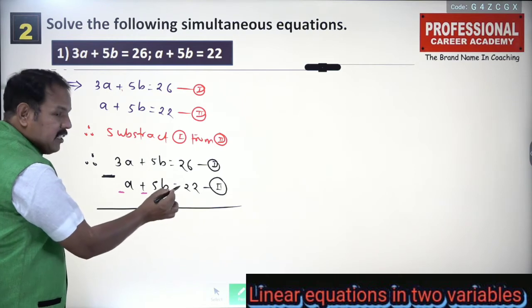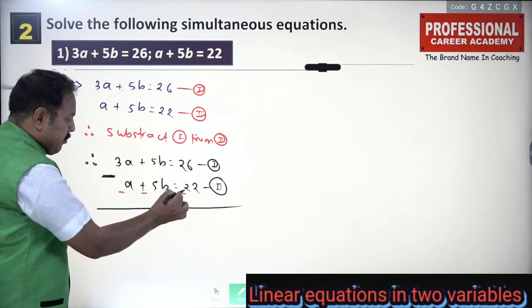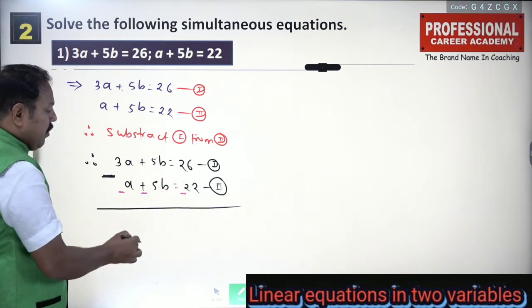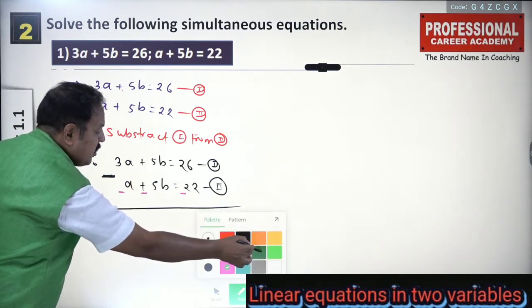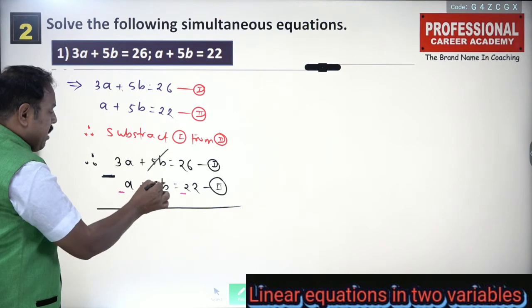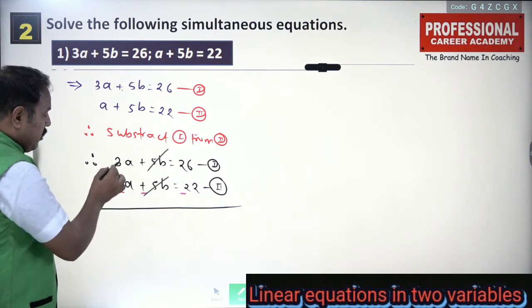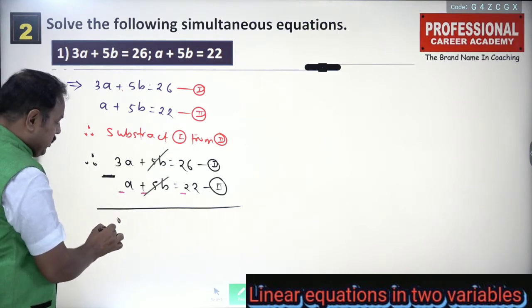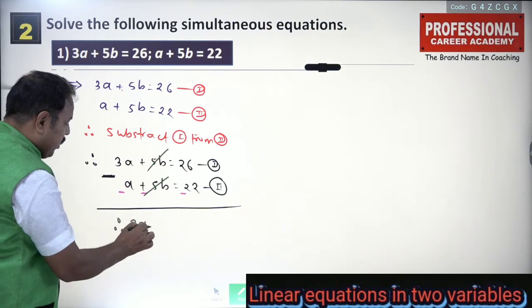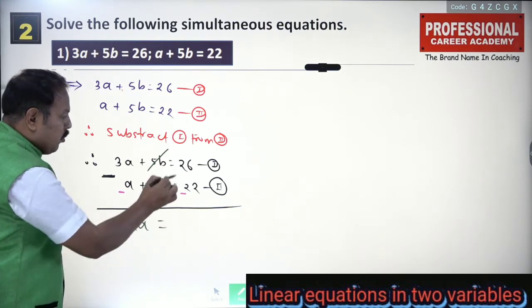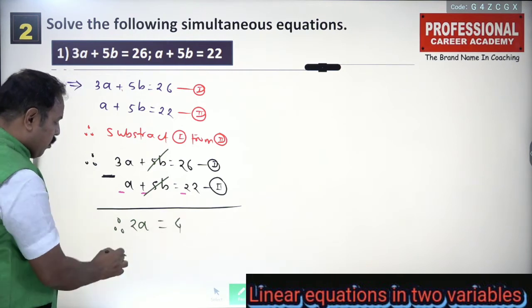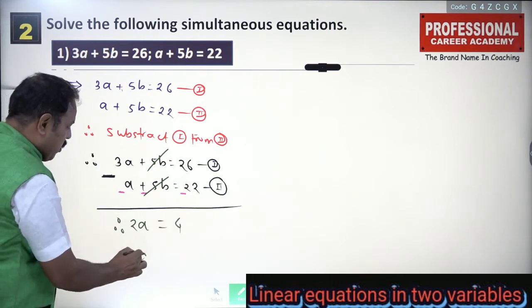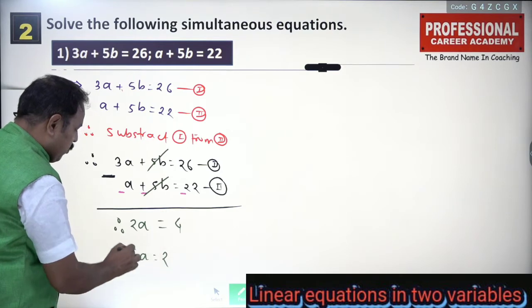It is also plus, so it becomes minus. So here 5b and minus 5b get cancelled. 3a minus a means it is 2a. So 2a is equal to 26 minus 22, which is 4. Therefore a is equal to 2.